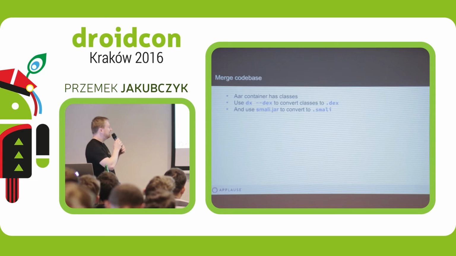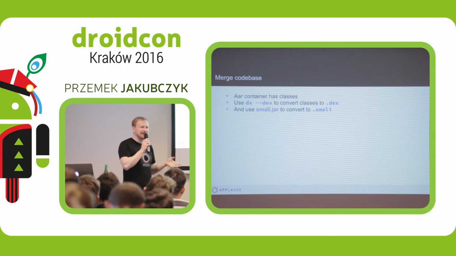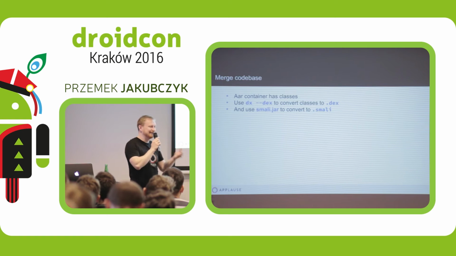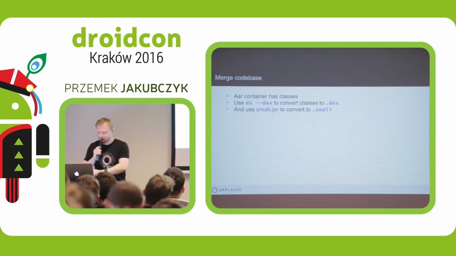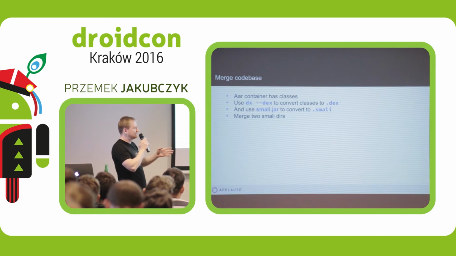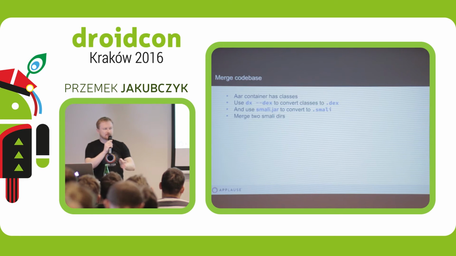Because we're using APK, and APK doesn't understand classes, we want to put the code back in the chain, so we have to use the Smali compiler to generate Smali files. So from class to DEX to Smali. Then at the end, just merge the two directories you've produced: first the Smali files from the application, and second the same structure with all the Java packages, just cp -r. That's it.